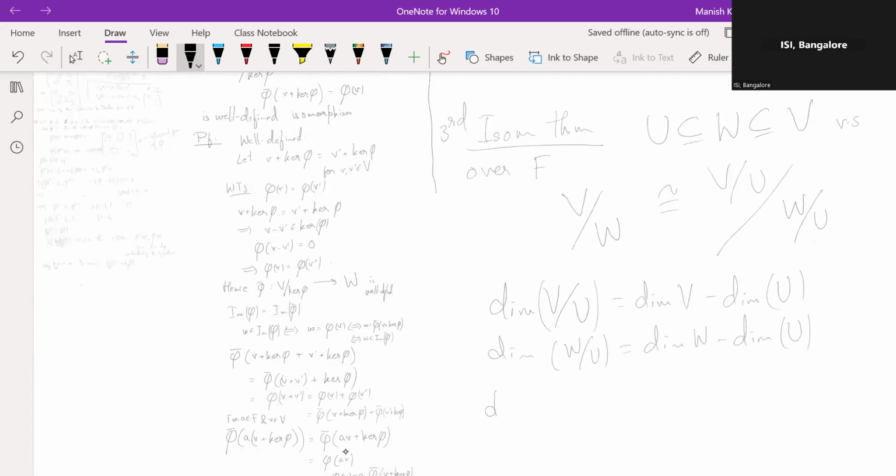So the dimension of the right-hand side is dimension V minus dimension W, yeah, which is equal to the dimension of the left-hand side.